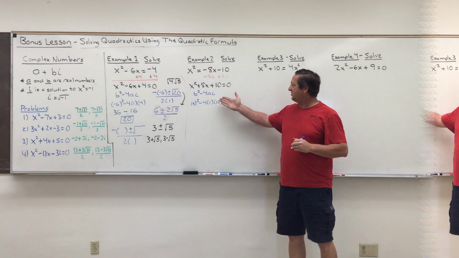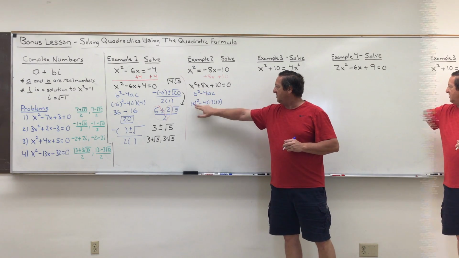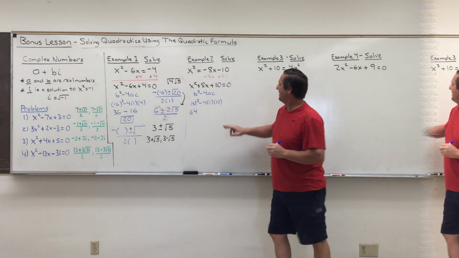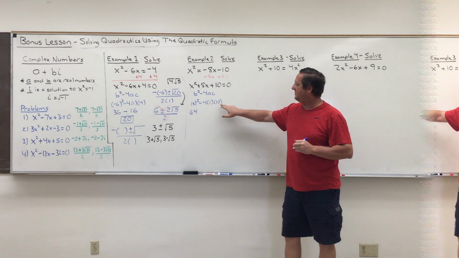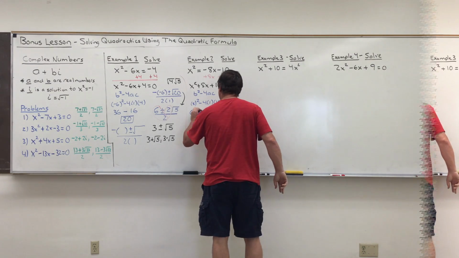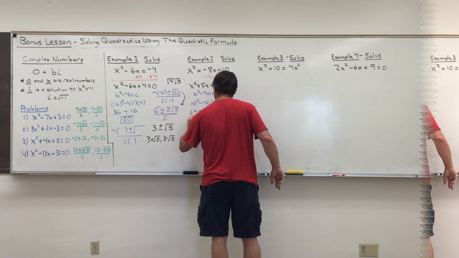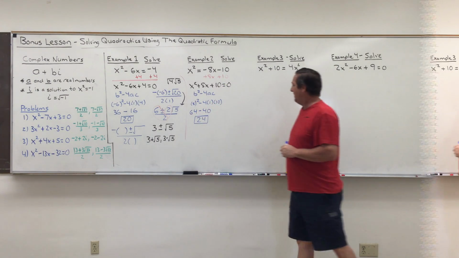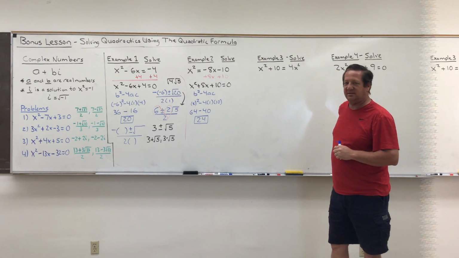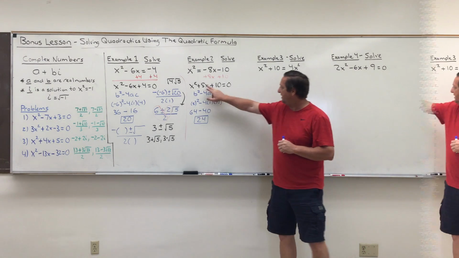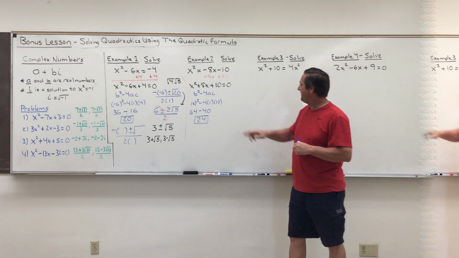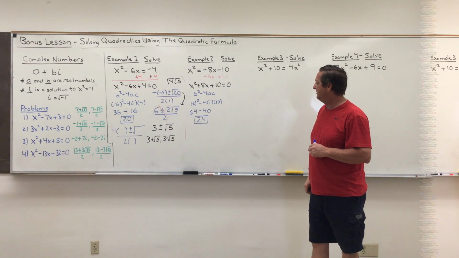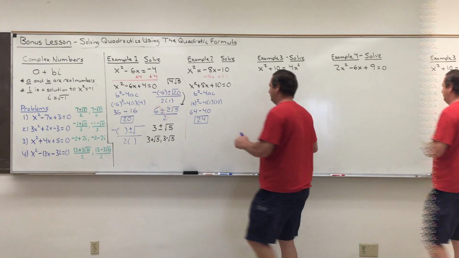So I'm going to still do the discriminant, so I get 8 squared, which is going to give me 64, minus 4 times 1 times 10, which is negative 40, and my discriminant is 24. Let's make sure I do that right. 8 squared is 64, check. Negative 4 times 1 times 10 is negative 40. We're good to go.